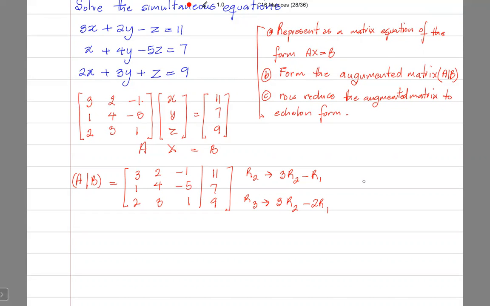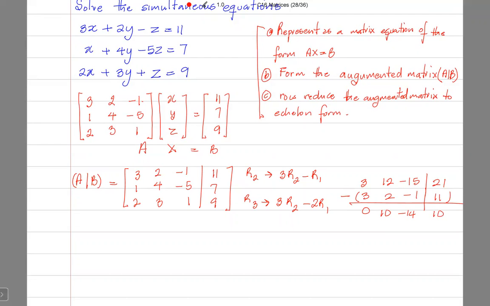So this is 3, 12, minus 15, 21. That's 3 row 2. And we're going to subtract row 1, which is 3, 2, minus 1, 11. And we're going to get 0, 10, minus 14, and 10.